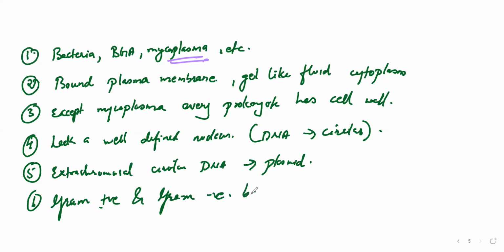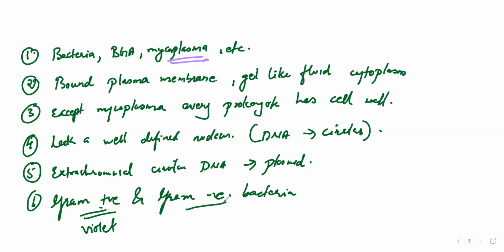These two groups are based upon whether the cell wall is going to take the stain or reject the stain. If the gram staining is positive, that is violet color, and the microorganisms are in violet color, then we say it's gram positive.